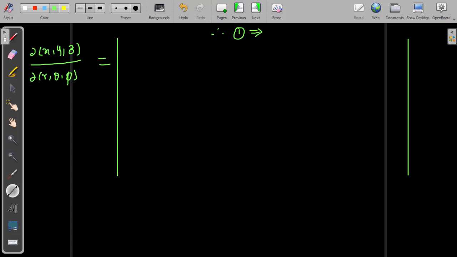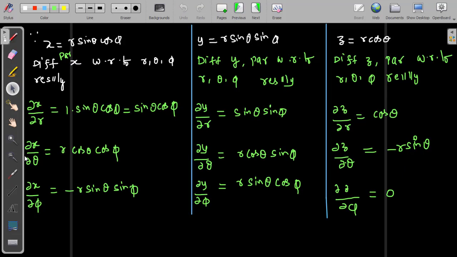Along row 1 we have dou x by dou r, dou x by dou theta and dou x by dou phi. So these 3 results we need to substitute. I'll go back to the previous page. These 3 elements go along row 1, these 3 along row 2, these 3 along row 3.